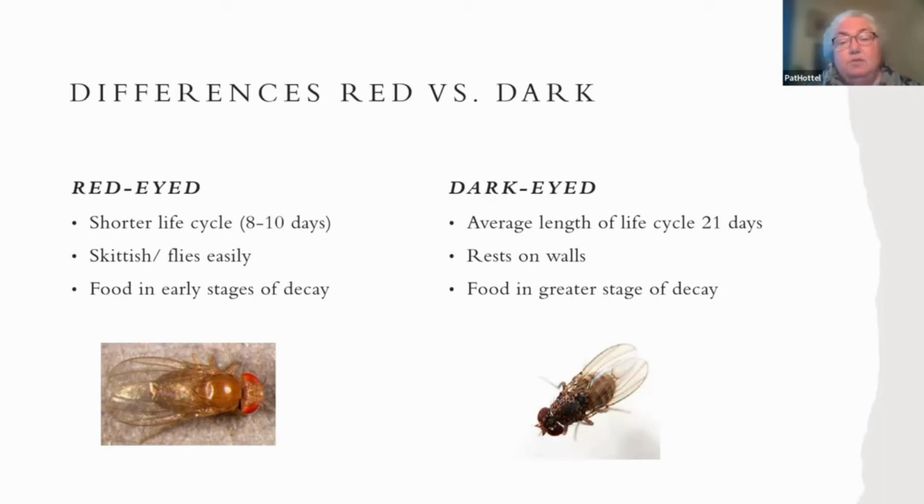I should mention on dark-eyed, average length of life cycle, 21 days. We said 8 to 10 on red-eyed. As far as food preferences, red-eye tends to be food in the early stages of decay. So we're seeing it in that overripe fruit, right? The peaches that have started to overripen, a banana. We'll see it in sugar that's in the fermenting stage.